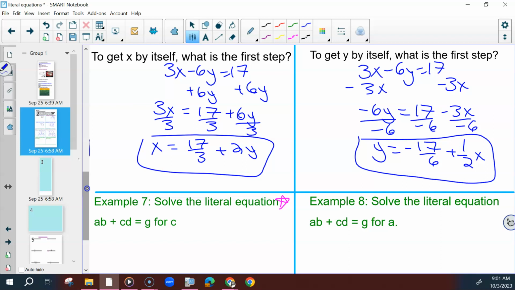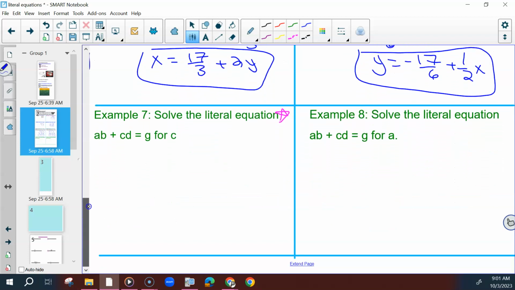Now, in example 7 and 8, they're just like 5 and 6, but now it's only variables. So number 7, if we were solving this for c, how could we get it by itself? Minus ab. Get rid of the term that has nothing to do with it.